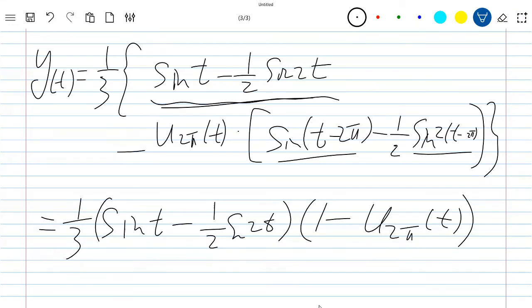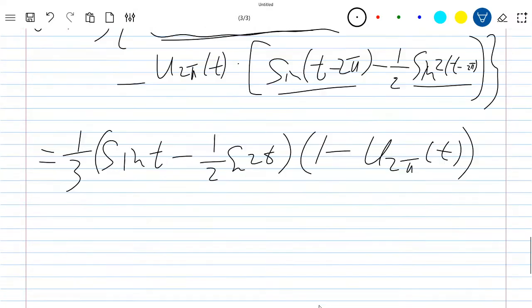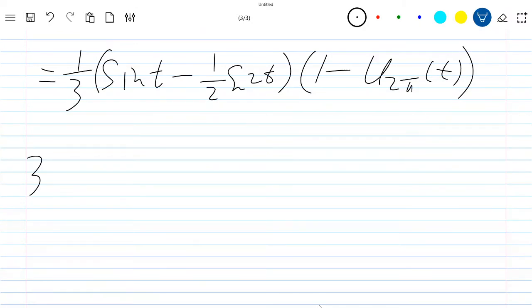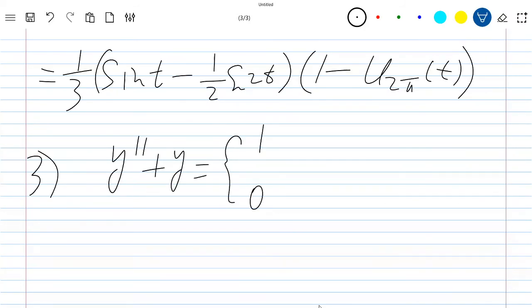All right, let's do one more problem, then just do your homework. So this time we will have y double prime plus y equals, you start with 1, then it becomes 0.